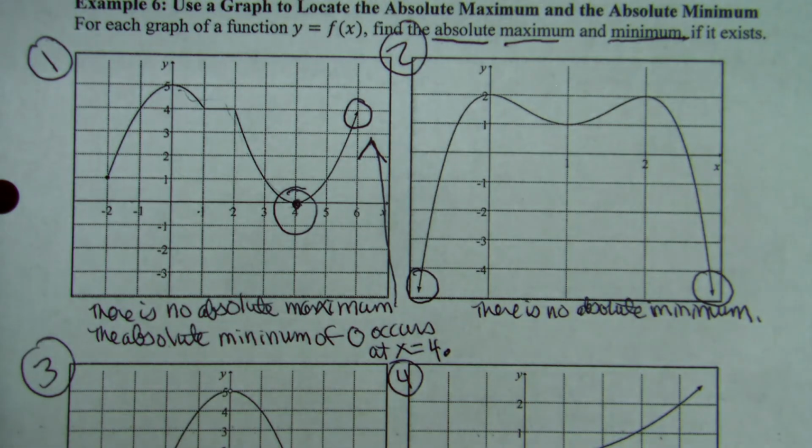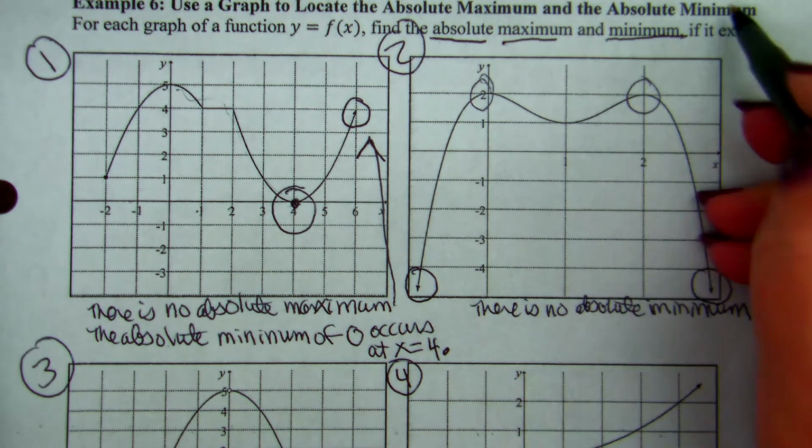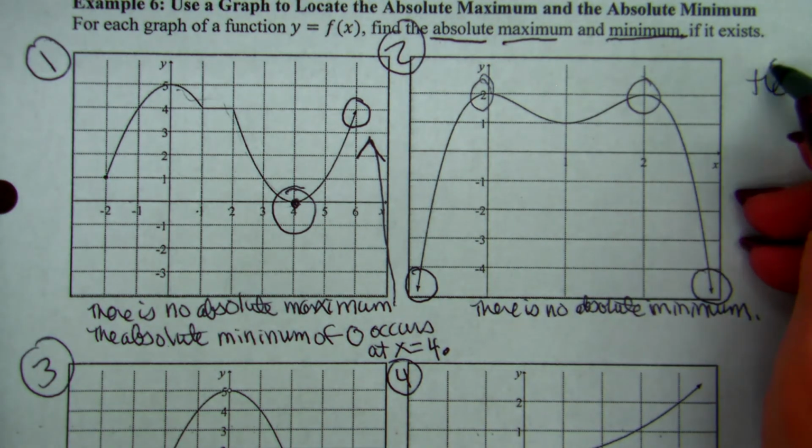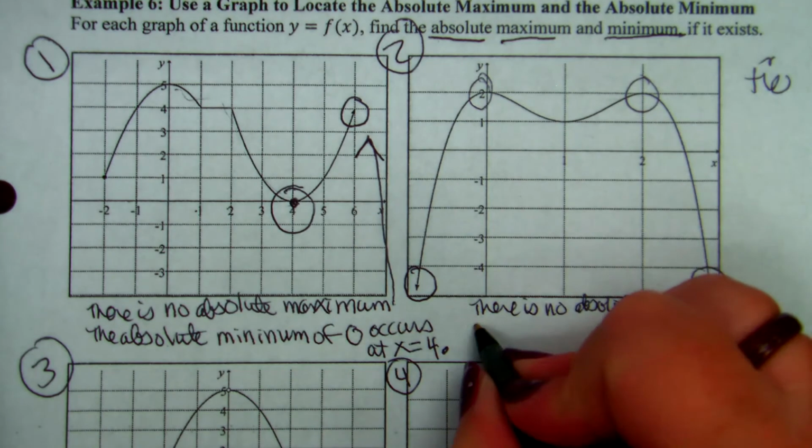And then the maximum, it's here and here, it's a tie, right? They're both at 2. So it's a tie.